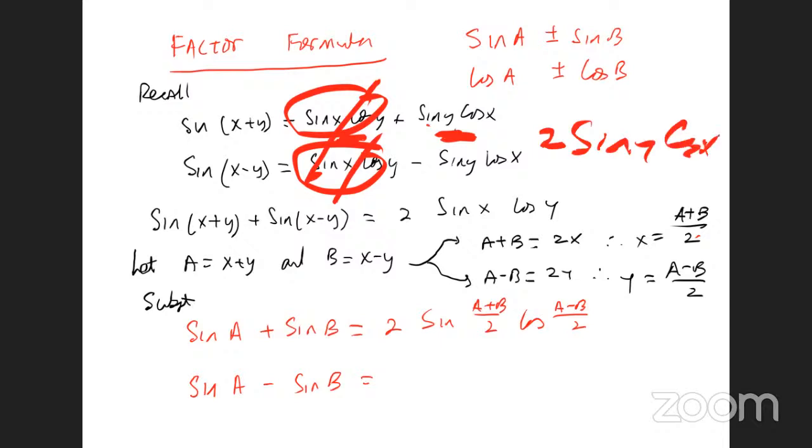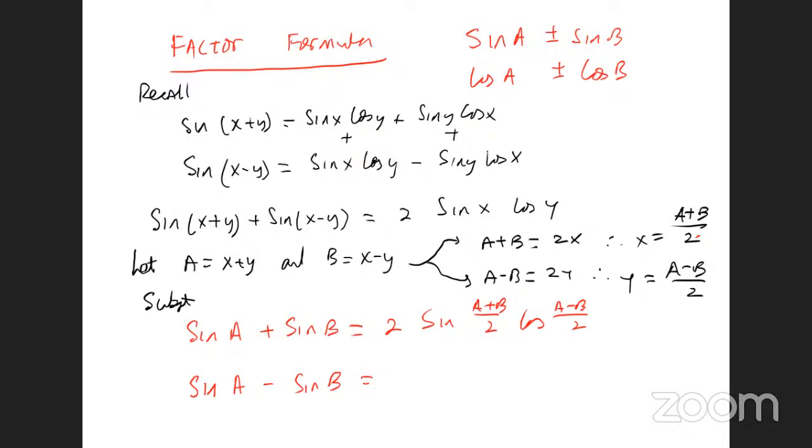So your overall formula will now look like 2 sine A minus B on 2 cos A plus B on 2. So just switch around where x and y is. All right, copy it down, and let me give you cos A plus B and the other after.